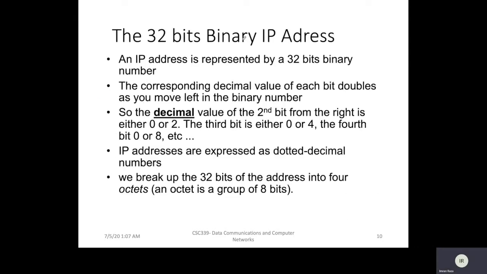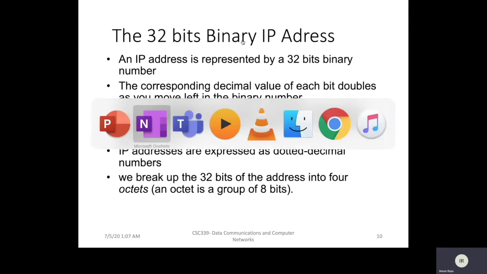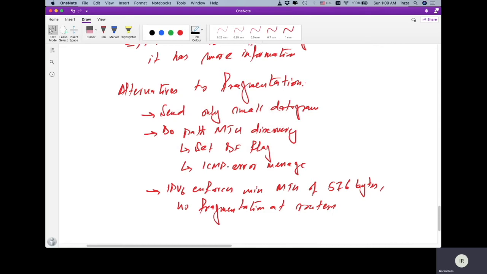Before I go into the detail and talk about the 32-bit binary IP address, let me quickly talk about the types of addressing that are available to us. There are 2 types of IP addressing that we will be discussing.